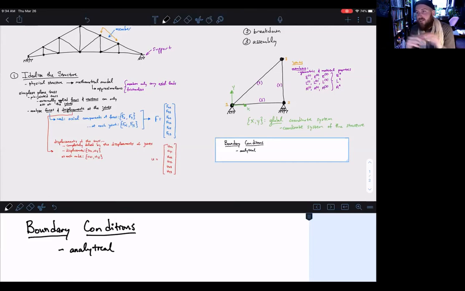They can't really be separated. You have to be considering the boundary conditions when you're considering the governing equations. So they're baked in at the beginning.